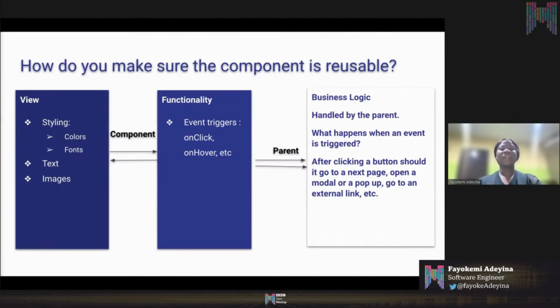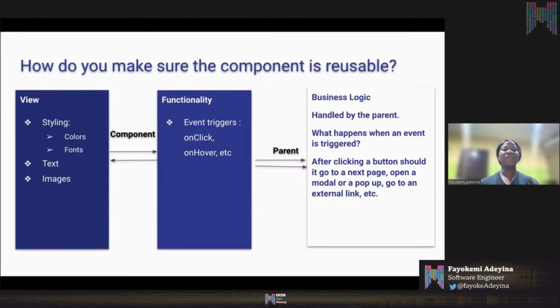The methods, the event handlers are already in that component. Either or, any of these cases is actually not reusable. Because for someone who wants to reuse the component, the person would have to add a condition: okay, if I'm on this page, I want the on click to do this, I want the on hover to do this, I want the color to be this, right inside of the component.